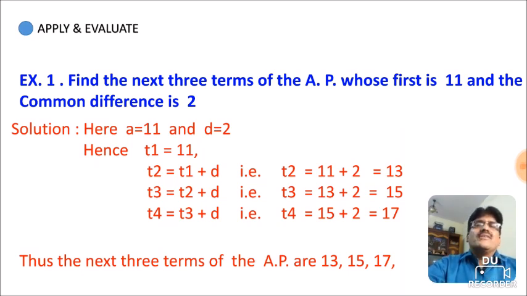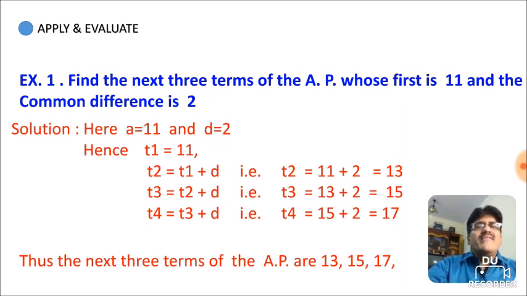Apply and evaluate. Let us see the first example. Find the next three terms of the AP whose first term is 11 and the common difference is 2. Let us see the solution. Here first term A is equal to 11 and difference D is 2.